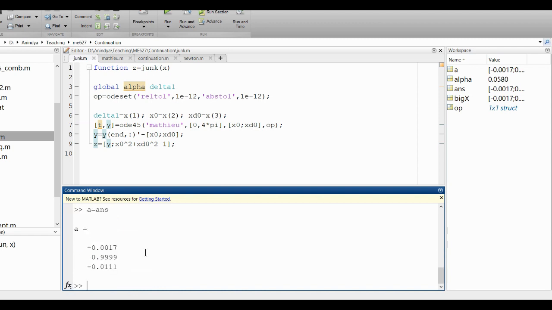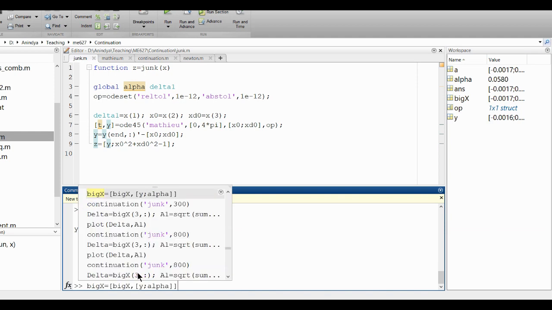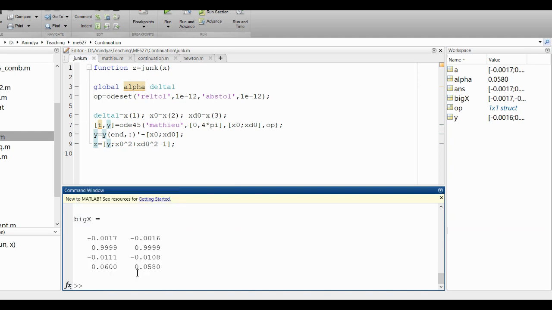So then I go y equals Newton junk y a a. So I got another answer, and then let me say big X equals this. This is what we have done earlier, you know, so we are just doing that now.